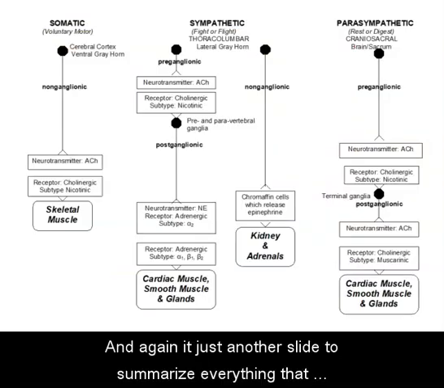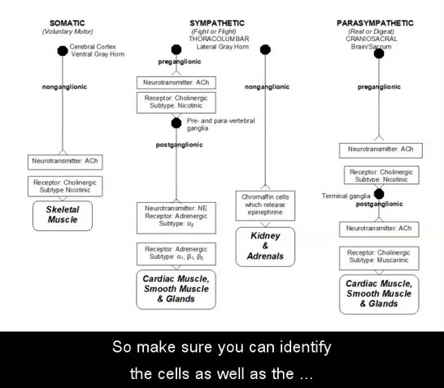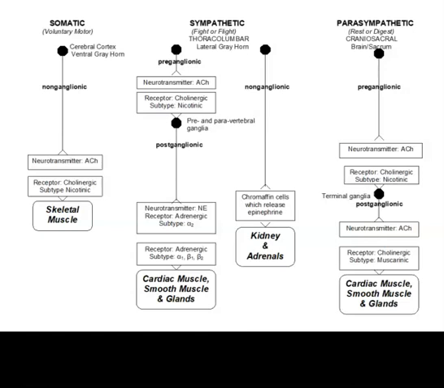And again, just another slide to summarize everything that I've gone over in the past several slides. So make sure you can identify the cells as well as the neurotransmitters that are released and the general receptors.